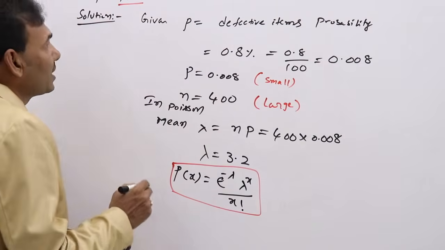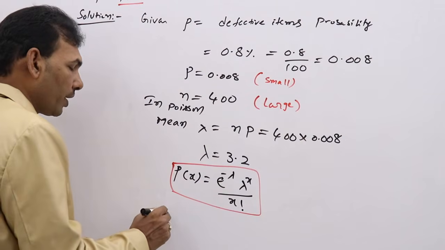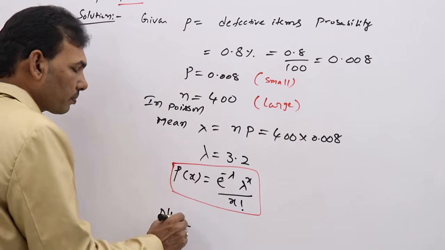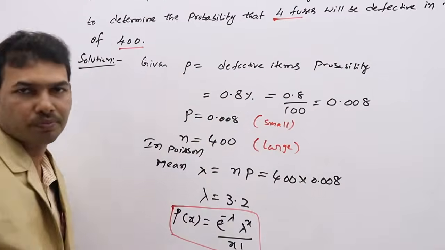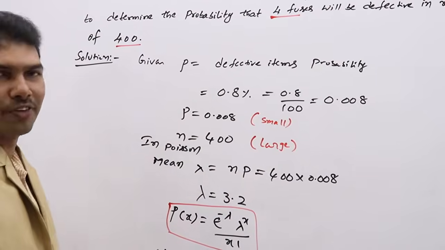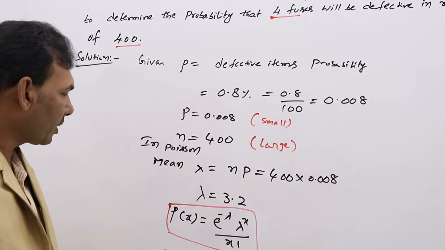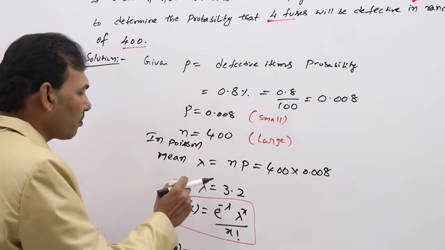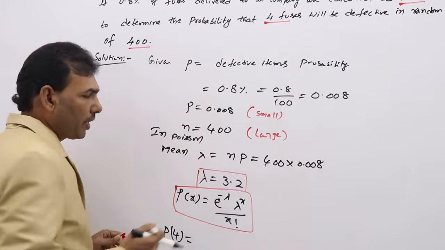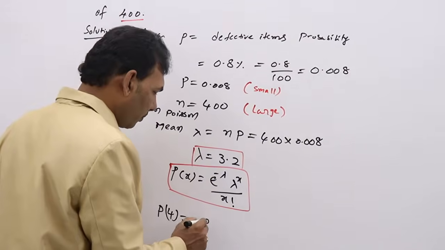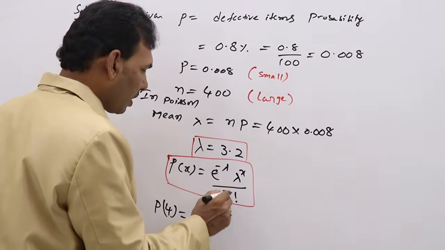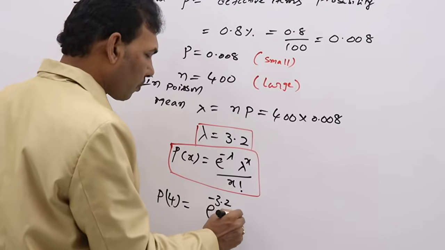But our case is P of 4 we need to find, because the probability that 4 fuses are defective. The number of defective fuses is 4. That means we need to write 4 in the place of x and 3.2 in the place of lambda.